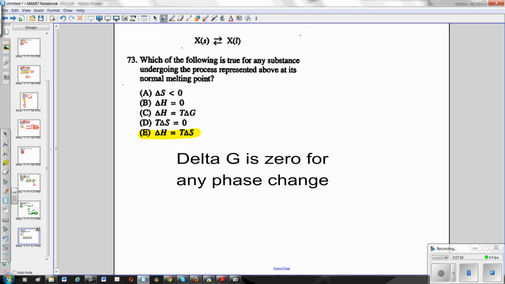Next one. I ask you which of the following is true for any substance undergoing the process. It's a phase change. It's going from a solid to a liquid. Anytime you're going through a phase change, delta G is equal to 0.